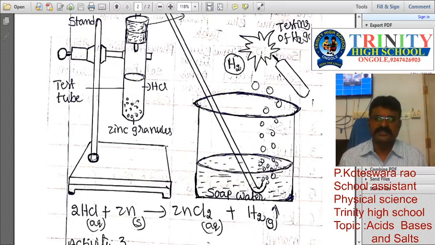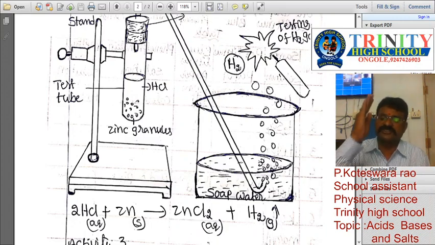For 4 marks, what type of question can we expect? Write an activity when acid reacts with metal, with a neat diagram. We write the same procedure and also draw the diagram, then only we can get 4 marks. Otherwise we may lose marks. The equation is a must. All students struggle only with writing the equation, so practice 2 or 3 times.